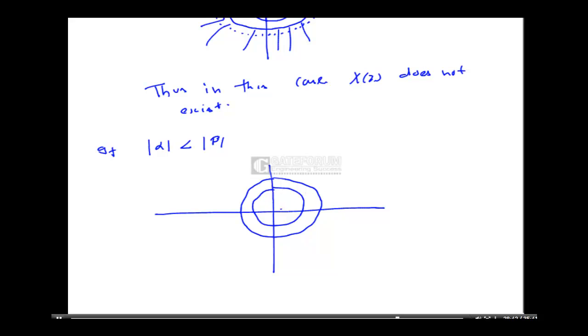For this, the region of convergence for the first series is lying outside this region. For the second series, the region of convergence is lying inside the circle. Now we can find there is some common region, which is this region, which is existing for both the series. So here there are some values for which the series will converge.